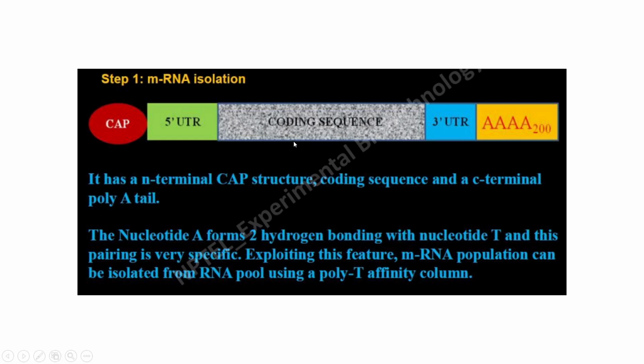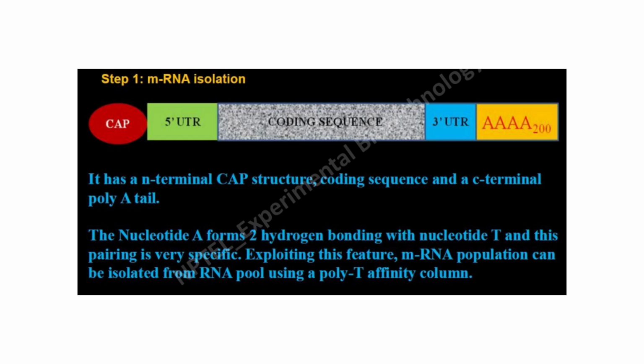So these are basically modifications done on the mRNA for its proper translation process. This poly A tail can be of varying length. It can be 200 residues, it can be 100 residues.